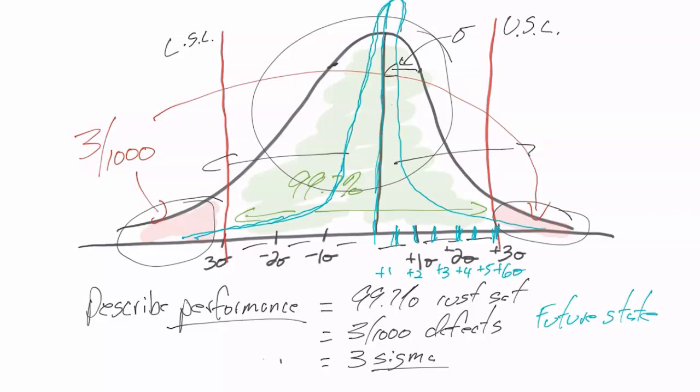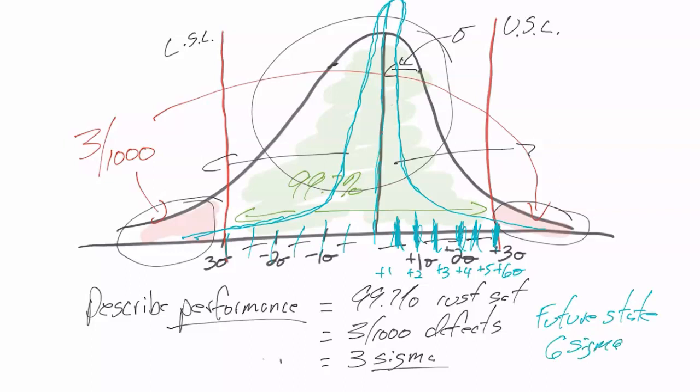The output looked like this blue curve, a skinnier curve in which not 3 standard deviations fit within spec, but 1, 2, 3, 4, 5, 6 standard deviations fit within spec, both on the high side and on the low side. And so they called the future state performance a 6 sigma process.